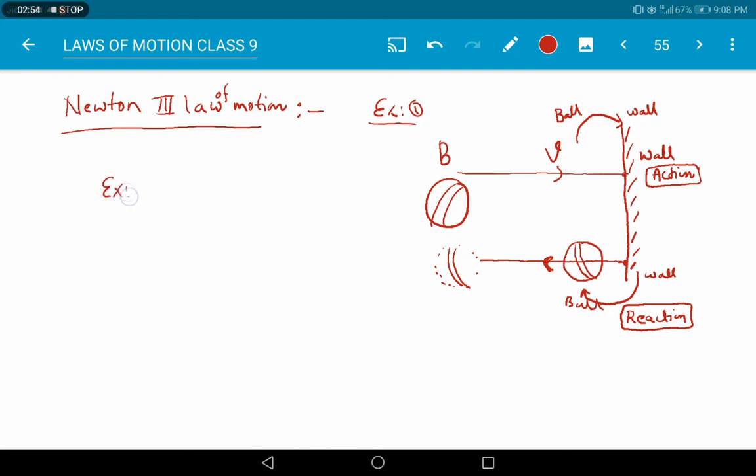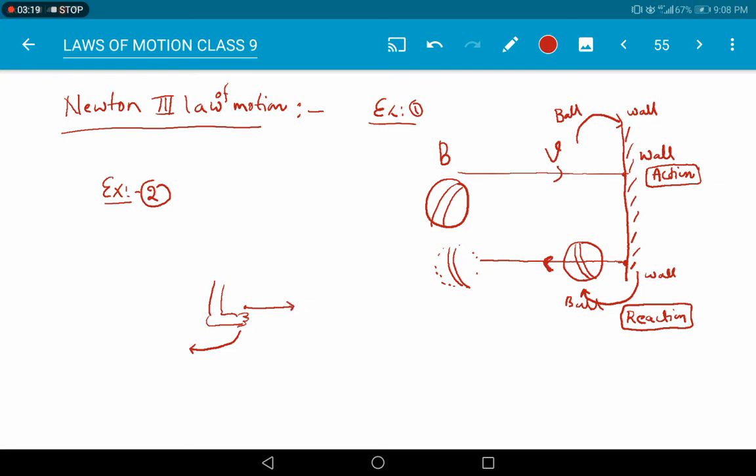Next, in the same way, when we are walking on the ground, we are pushing the ground in the backward direction and the ground pushes you in the forward direction.